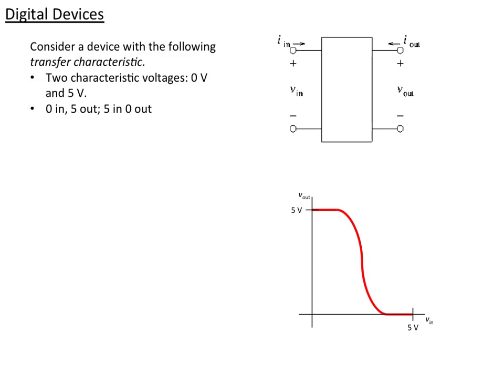So it has a high voltage and a low voltage. We'll call those things that. And the output also has those characteristic voltages. So in this case, when we put in the low voltage on the input, we get out a high voltage. And when we put in a high voltage, we get out a low voltage.